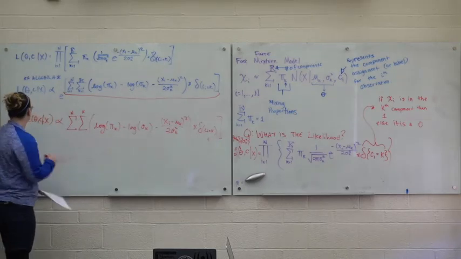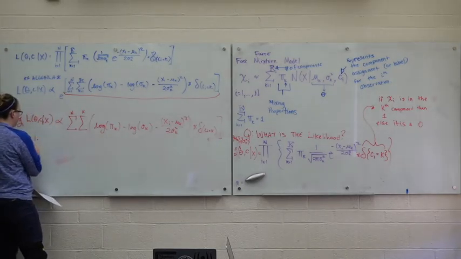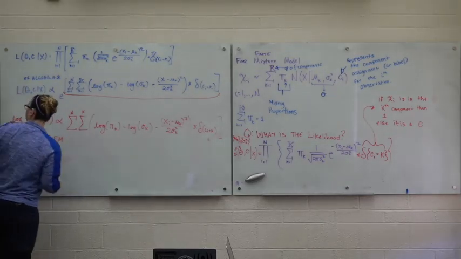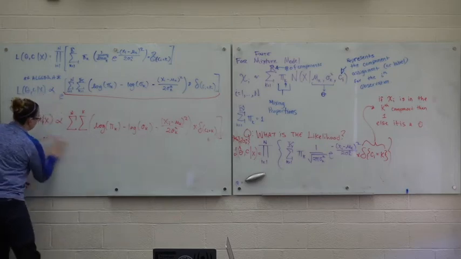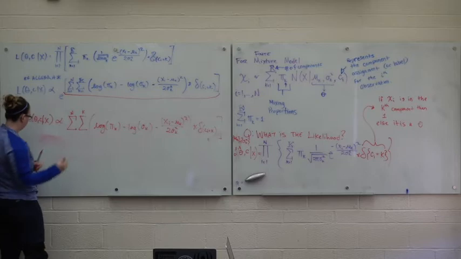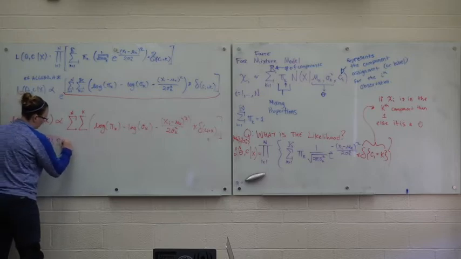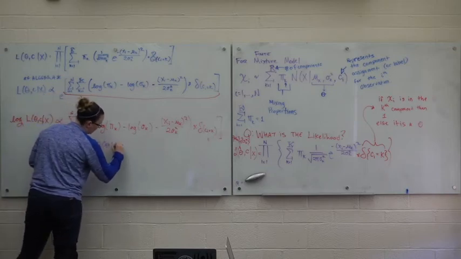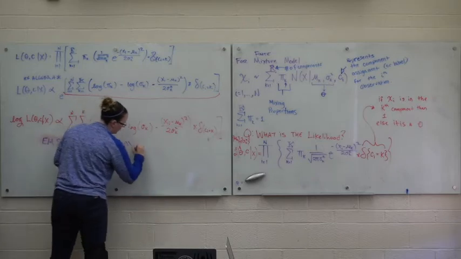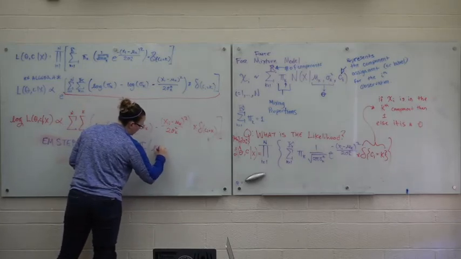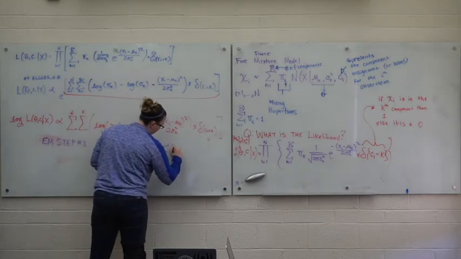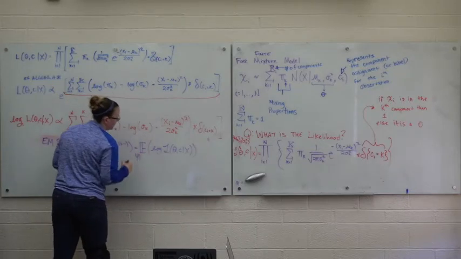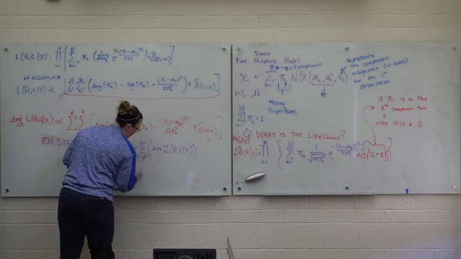Our expectation, step 1 of EM, is Q of theta given theta t minus 1, the expectation of the log likelihood, and our expectation is over the C's given x and theta t minus 1.